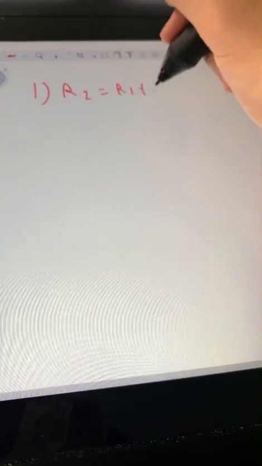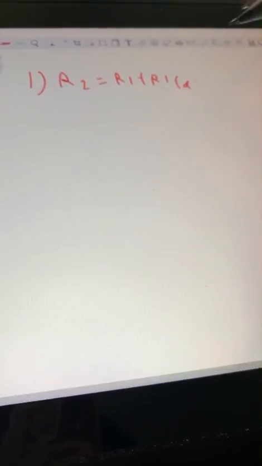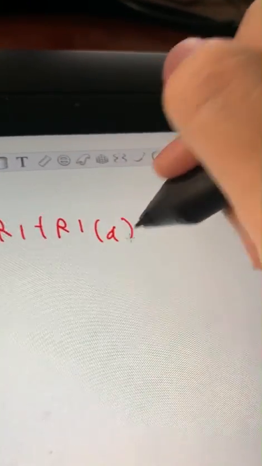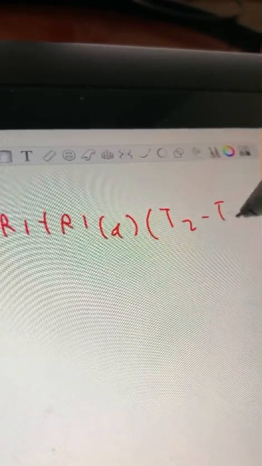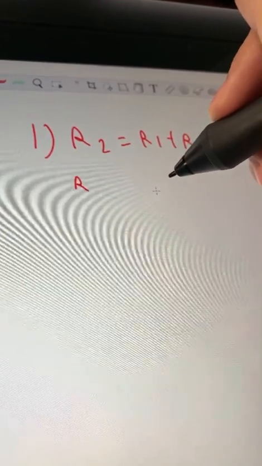Part L asks us, what is the temperature coefficient of resistivity of the material of which this wire is made? So we're going to clear my board real quick. For part L, we are going to use the equation R2 equals R1 plus R1 times alpha times T2 minus T1. So we're going to switch R1 to the other side.